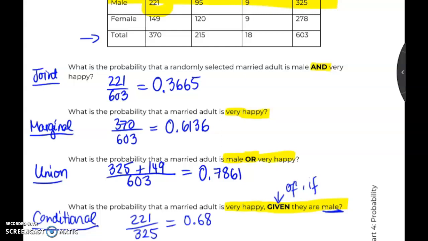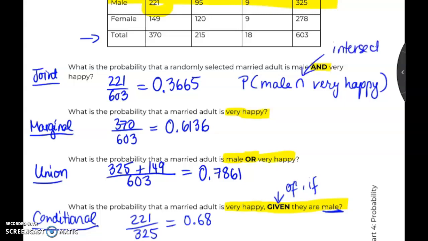All right, so for notation for these events over here, when we have the joint probability, we could call this male and very happy. And we could use different words for that. But this is actually the intersection symbol, which stands for "and." The marginal probability is just a probability of very happy, so you'll notice there's only one event listed over here.